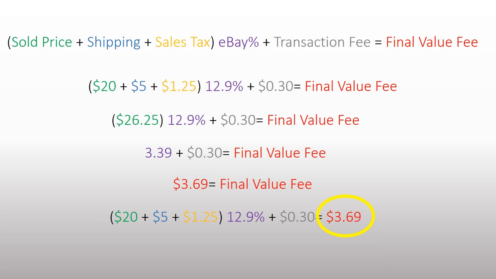So if something doesn't look right, you can just double check it. If you want to double check what eBay is charging you, this is how you do it. So don't worry, because it's not like you have to do this in order to sell on eBay. eBay will automatically tell you what that final value fee is. But I'm a person who likes to double check my numbers, and this helps me do that.